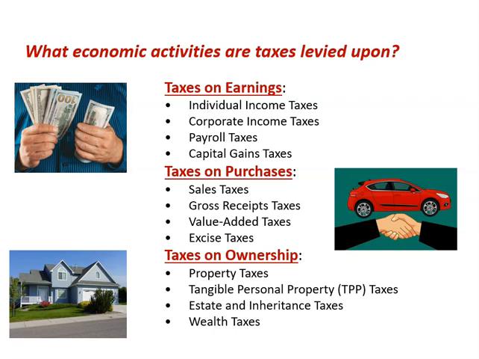By taxes on purchases is meant sales taxes, gross receipts taxes, value-added taxes, and excise taxes. By taxes on ownership is meant property taxes, tangible personal property taxes, estate and inheritance taxes, and wealth taxes. In the United States, not all of these types of taxes are imposed and, of course, some are imposed by states as opposed to by the federal government.